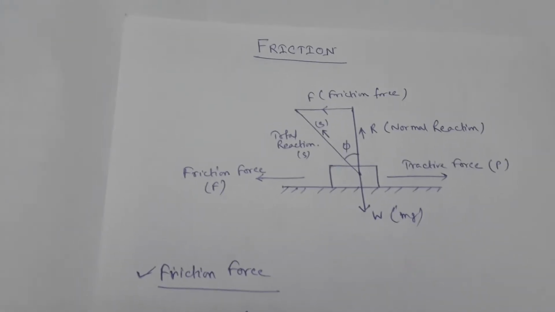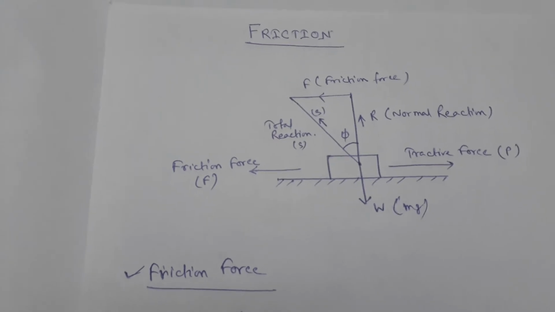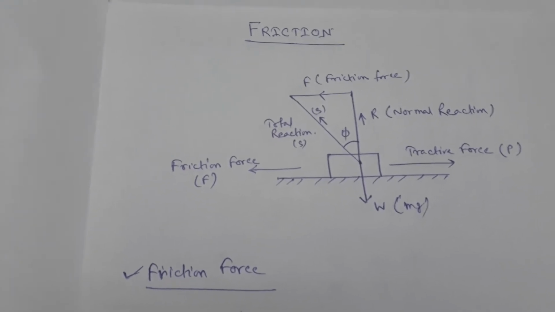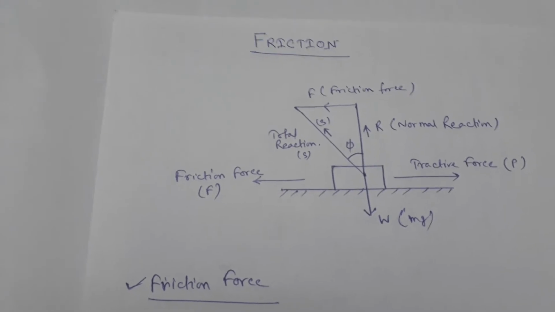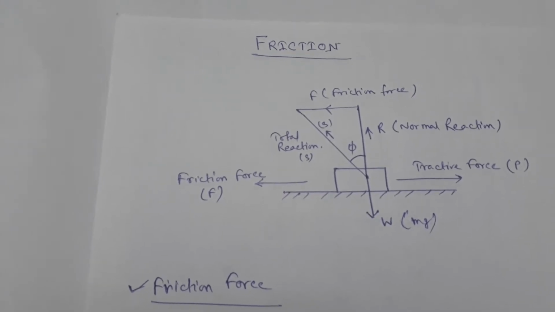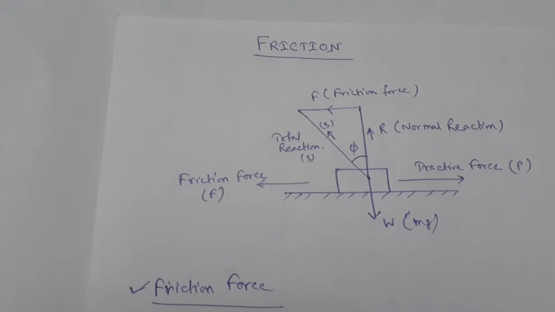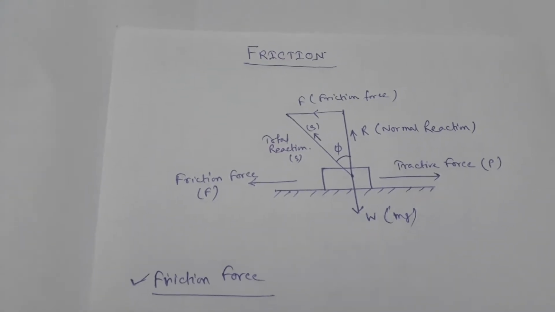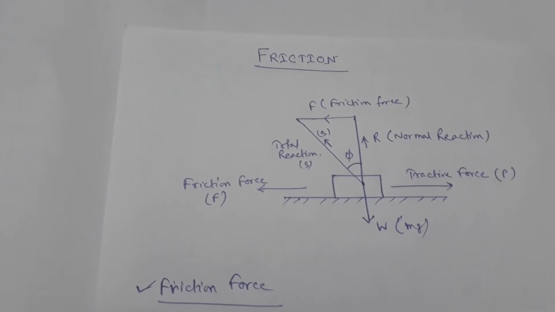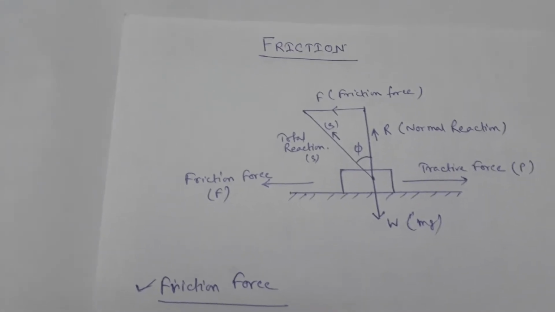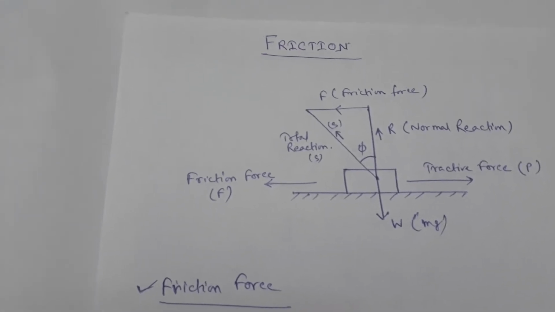What is friction force? Experience indicates that there is always some degree of interlocking and wedge action between the contact surfaces. Obviously, when a block is made to slide over a surface, a force F gets automatically induced.